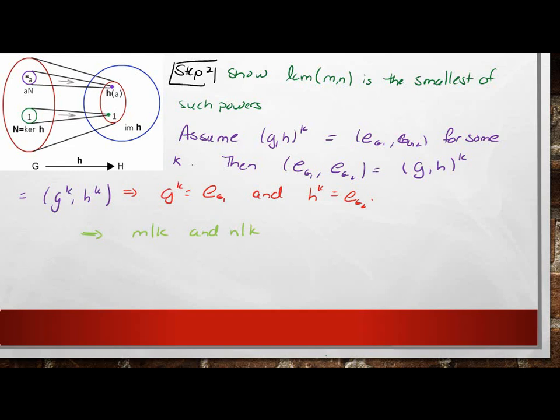That means M and N divide k. Well, if M and N both divide k, then the LCM also has to divide k, and therefore it divides in the other direction, and you have equality. So it's a typical proof of equality, showing it divides in one direction and it divides in the other.